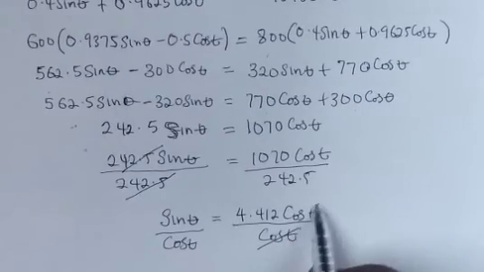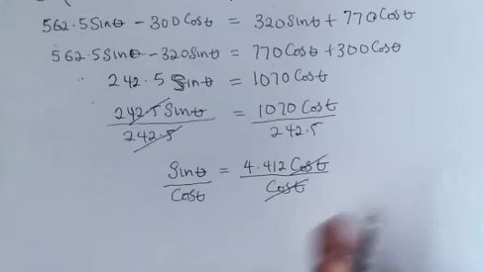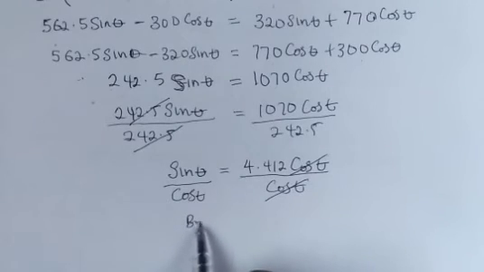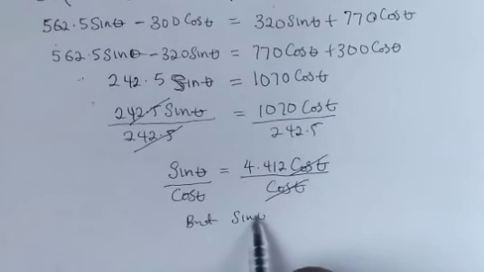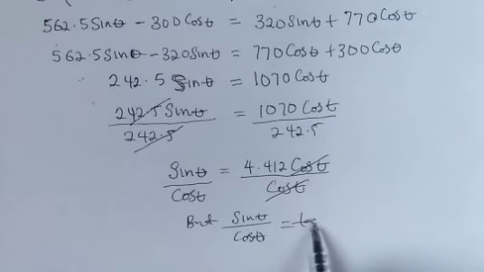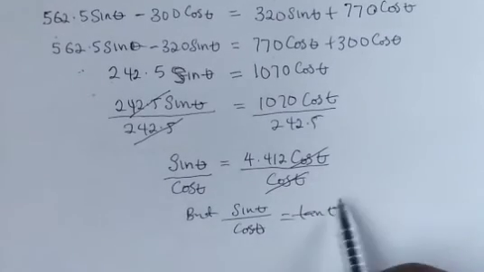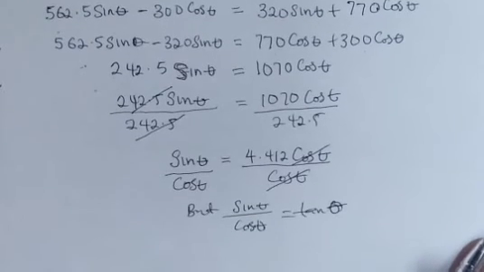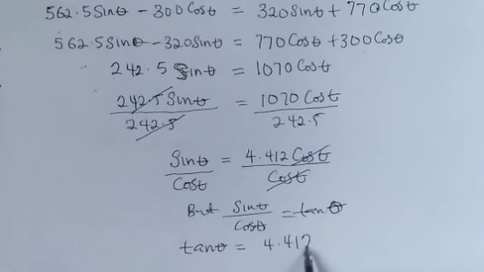So sine theta over cos theta is equal to tan theta, that is the trig identity there. So tan theta will now give us 4.412.